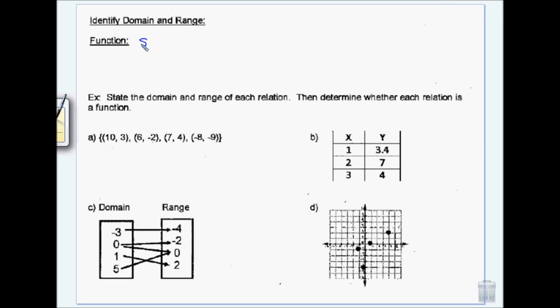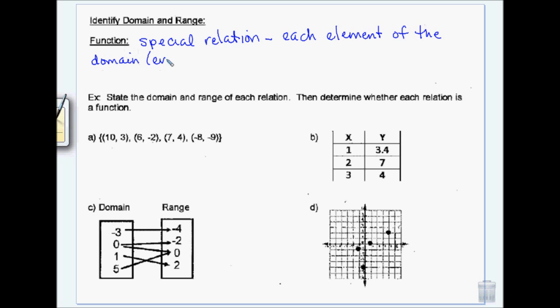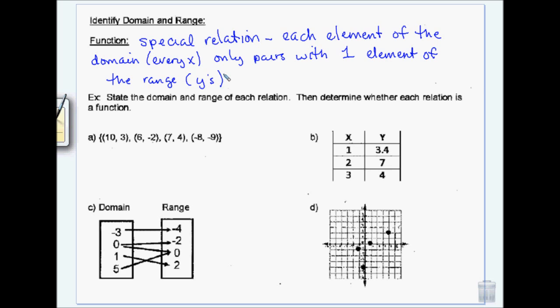You probably remember, but a function is a special kind of relation. And what makes a function special is that each element of the domain, so every x, okay, so each x, if you take an x, it only goes to one y.